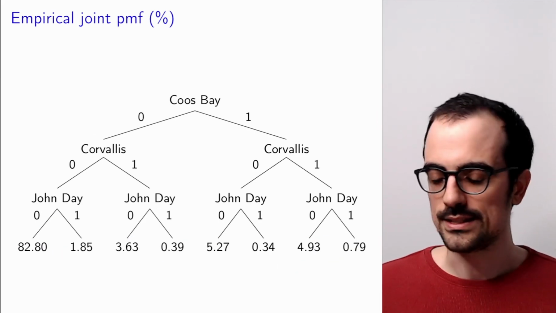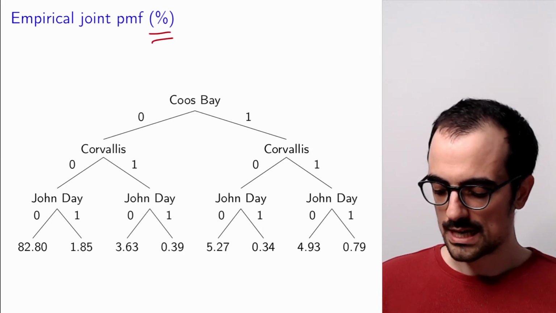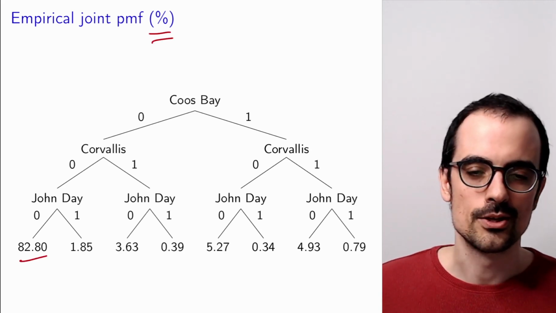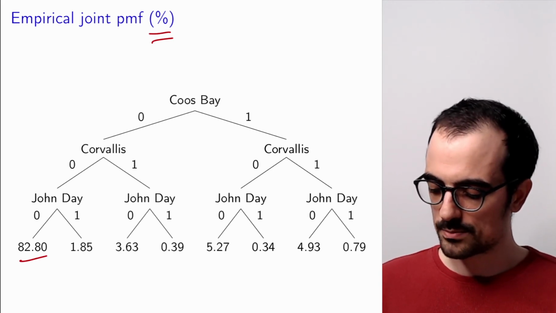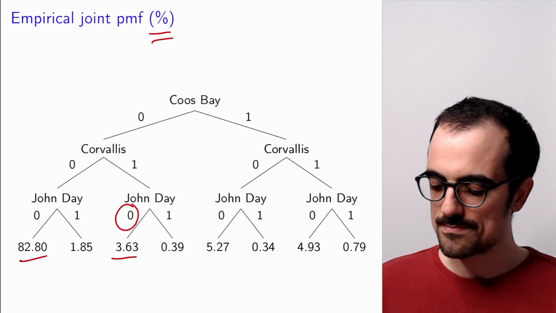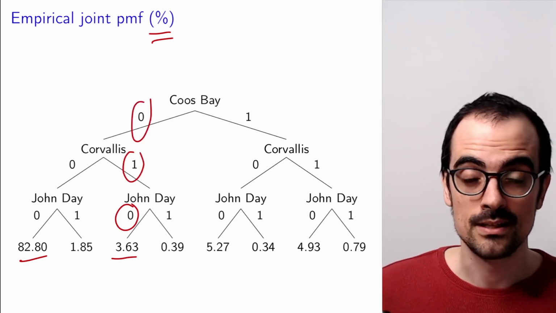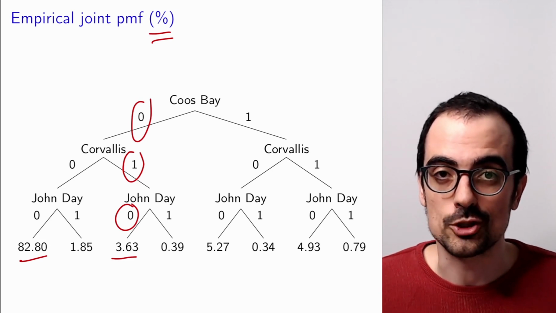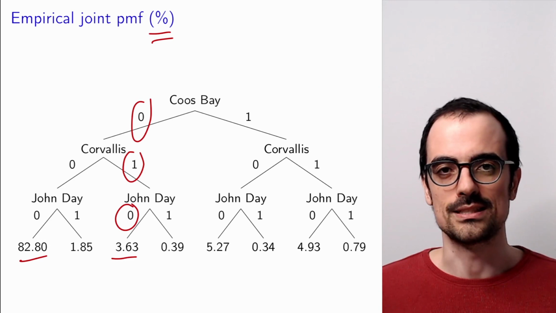And you get this joint PMF, which is in percentages. So about 83% of the time it doesn't rain anywhere. 3.6% of the time it's not raining in John Day, but it is raining in Corvallis, but it's not raining in Coos Bay at the same time. Again, to estimate a joint PMF like that, you need to have data points that tie together the three quantities that you're interested in.